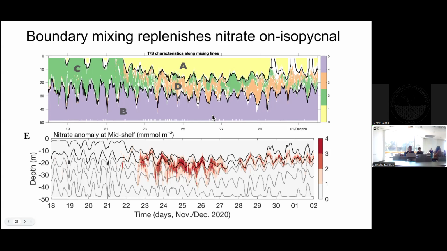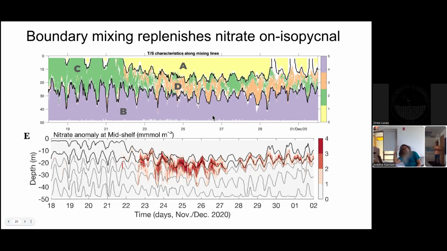Basically, our main lines of evidence are that we have a clear isopycnal signal of nitrate variability in the cross-shore. We see it going back and forth over the course of the day, completely phase locked with the velocity, so we know it's affected by us.